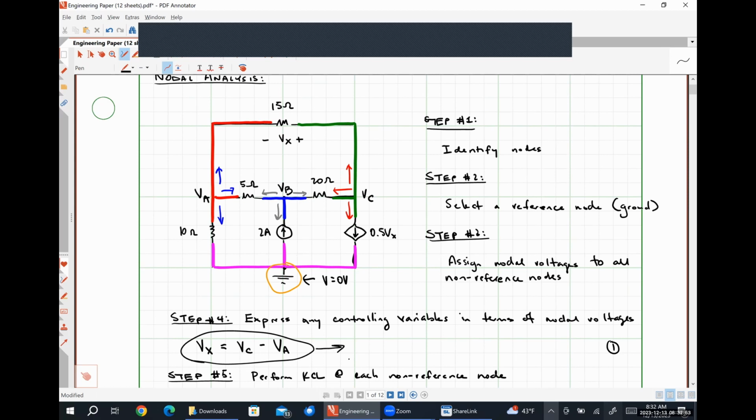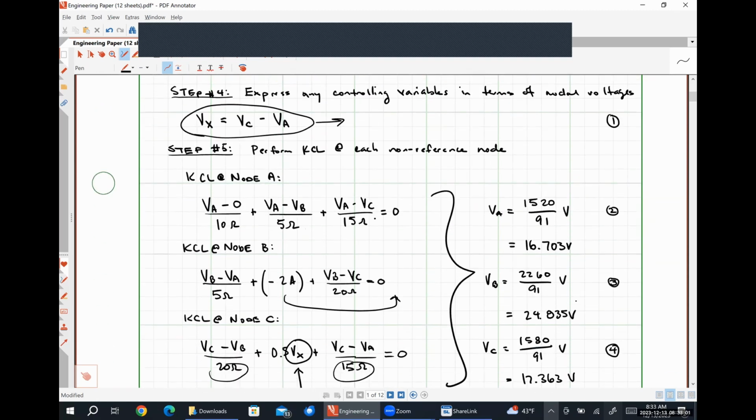Literally came up with an equation for it right here, right? So whatever VC is minus whatever VA is. So for us, throw Ashton's calculator around. 1580 over 91 minus 1520 over 91 seems like it's going to be 60 over 91 volts.